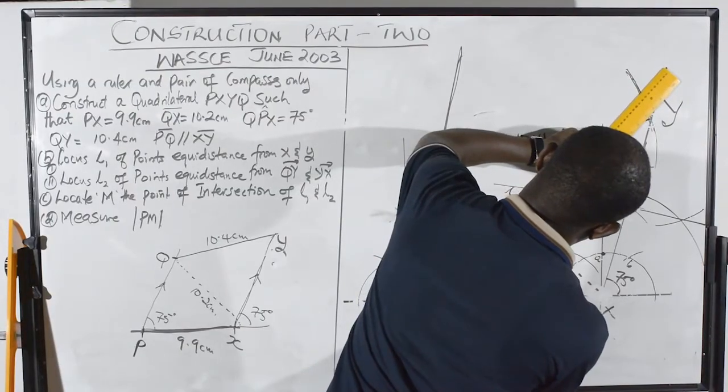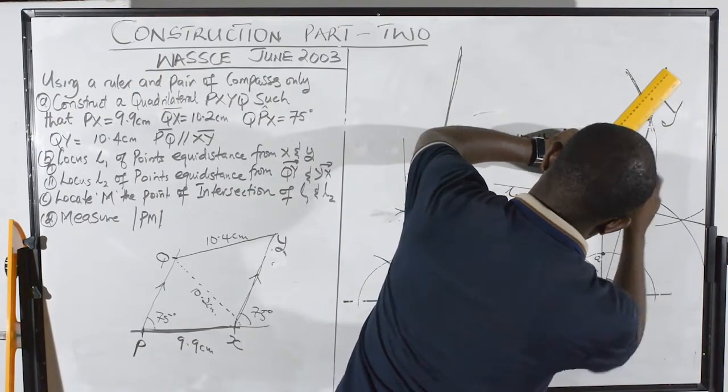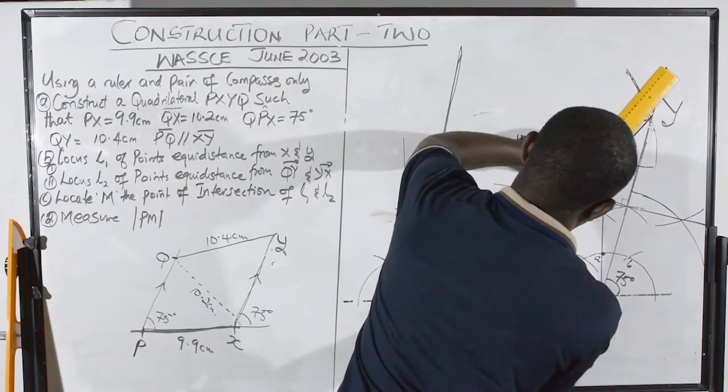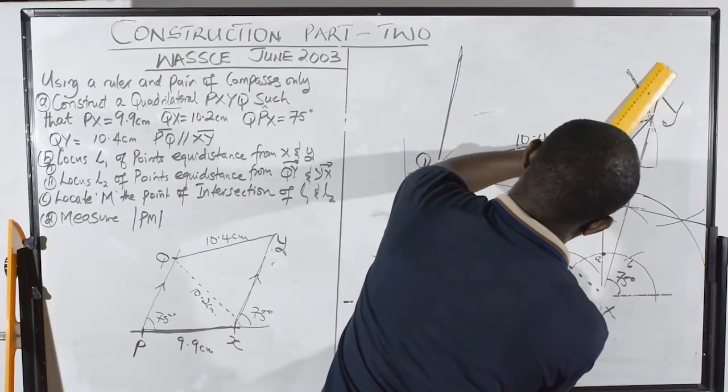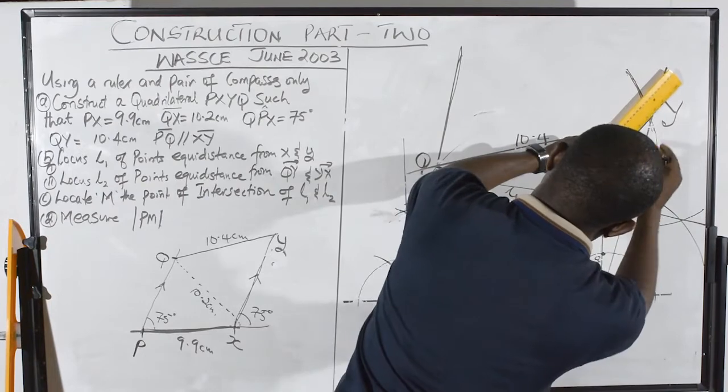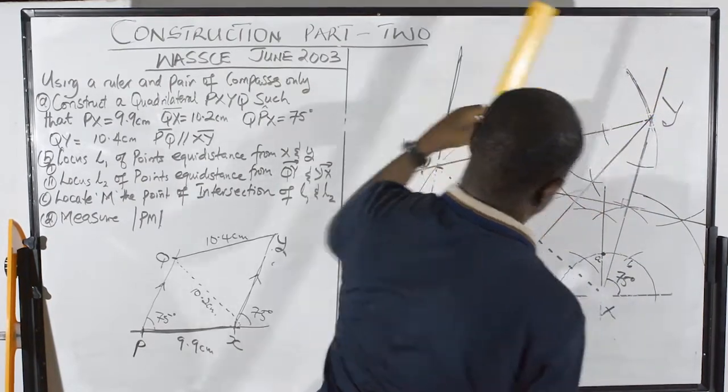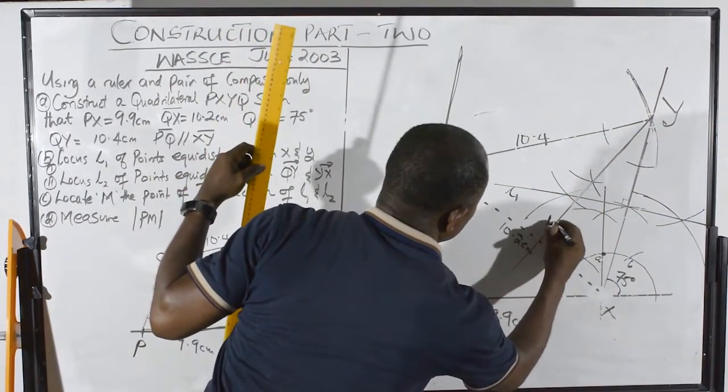So we have this. Yes. So that is the locus. Right, so I have L2. This is locus L2.